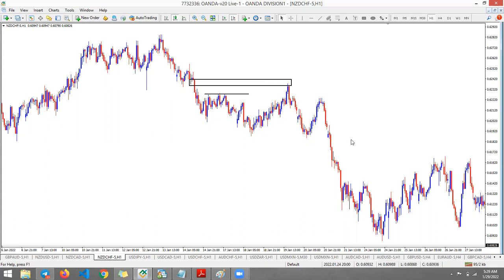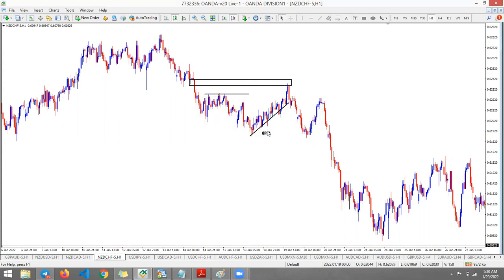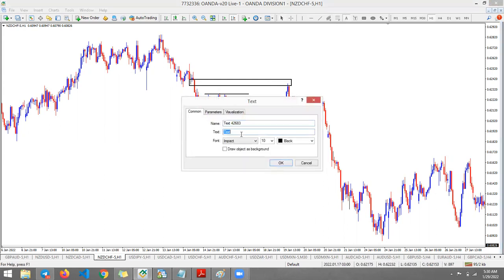Something I just want to note is if price is compressing and you have liquidity, it becomes what we call CPLQ. CPLQ stands for compression towards liquidity. So price is basically compressing towards a liquidity area.